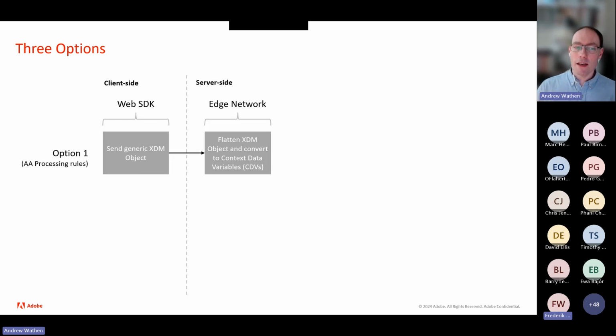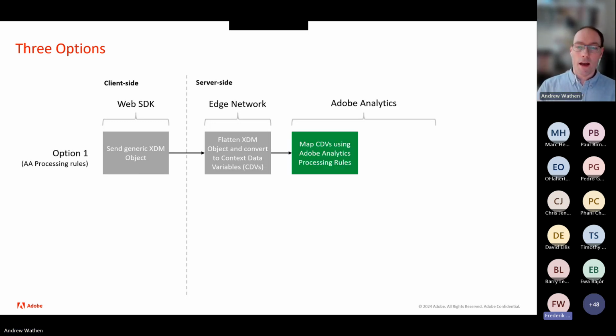It was going to take that nice JSON object, which might contain arrays and all that kind of stuff, and it would literally flatten it and turn them into context data variables and forward those context data variables onto Adobe Analytics, and then you would need to map them to your Adobe variables, your props and evars, using processing rules, and then your data would be available.